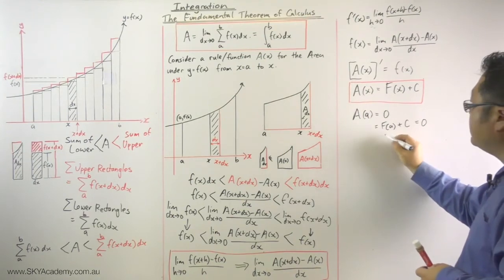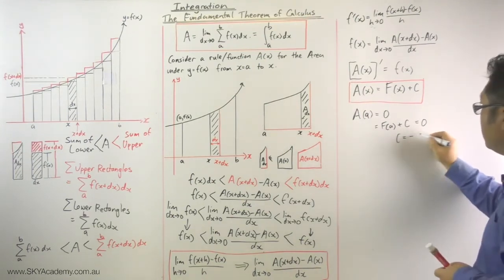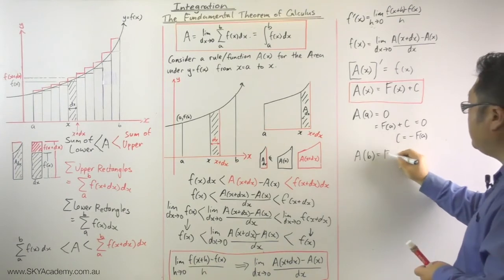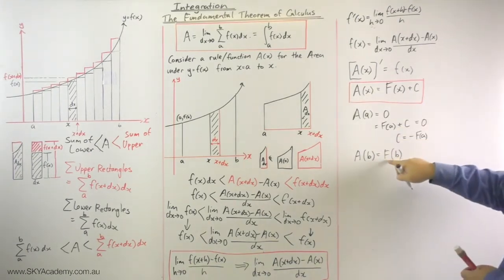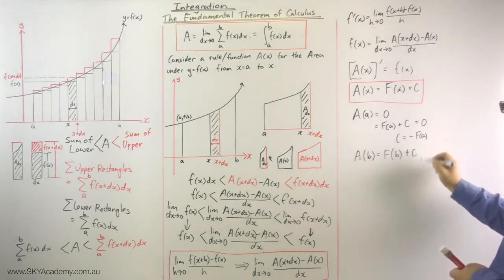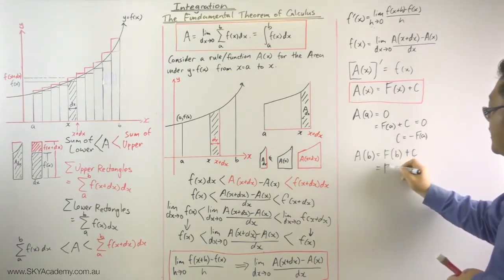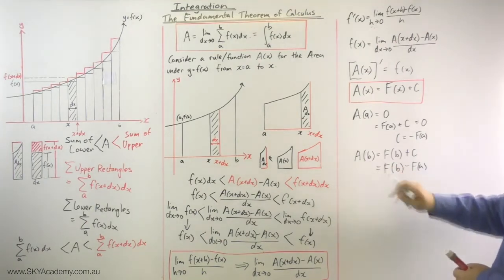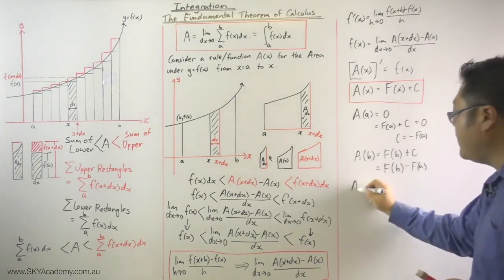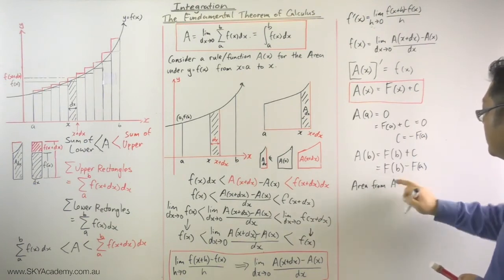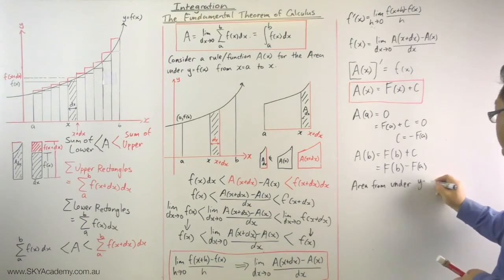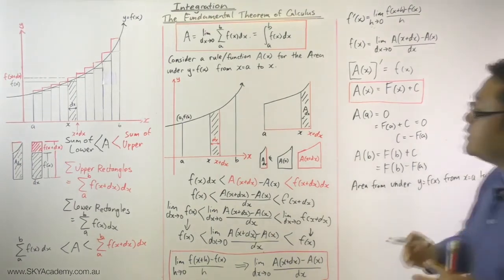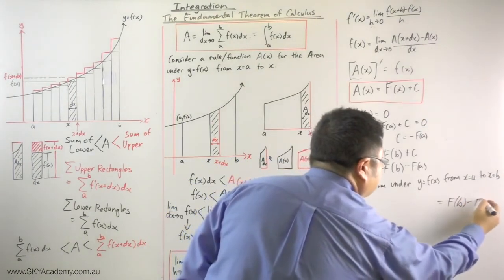Now, that means that C is equal to minus F of A, and A of B is equal to F of B. So in other words, the primitive function with B substituted into it plus C. And we know that C is minus F of A. So F of B minus F of A, which is the area from A to B. So the area under y equals f of x from x equals A to x equals B is going to be f of B minus f of A.